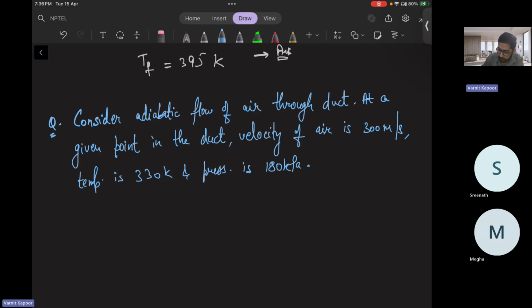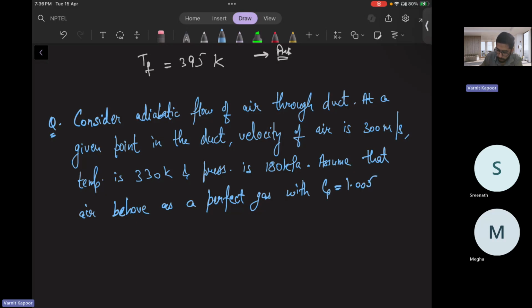Assume that air behaves as a perfect gas with Cp given in kilojoule per kg Kelvin. We need to find the stagnation temperature at this point.